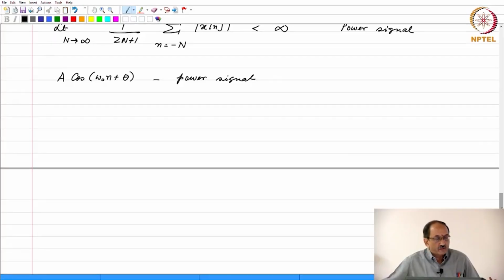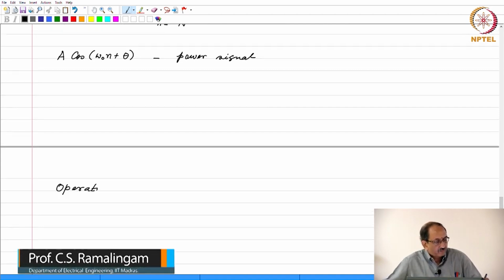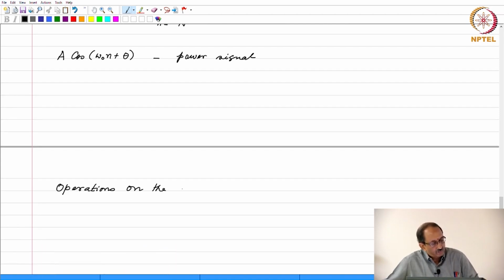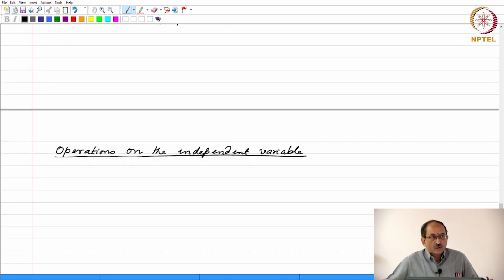Let us now focus on the operations on the independent variable. And the most common operation that you encounter when it comes to operations on the independent variable is what's called the affine transform.